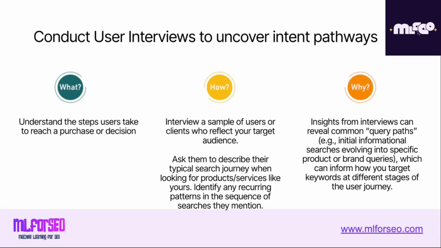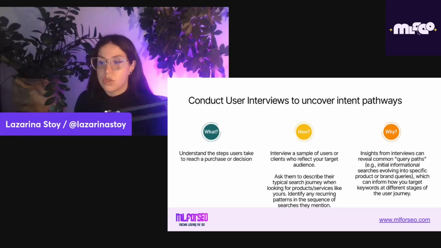Identify any recurring patterns in the sequence of searches that they mention. And why you might do that is because the insights from those interviews can reveal common query paths, like initial information searches evolving into specific product or brand queries, which can inform how you target keywords at different stages of the user journey.